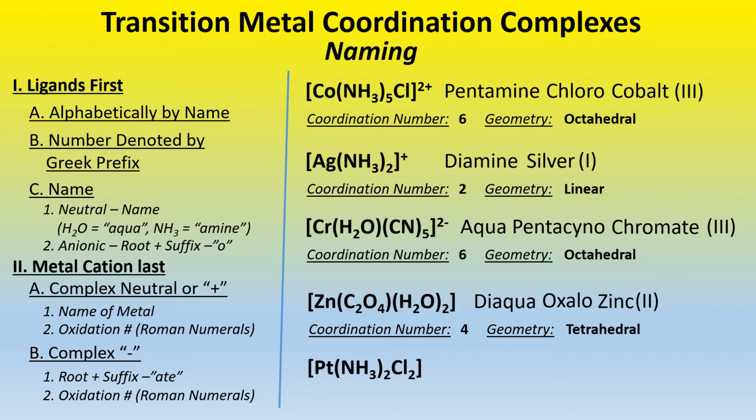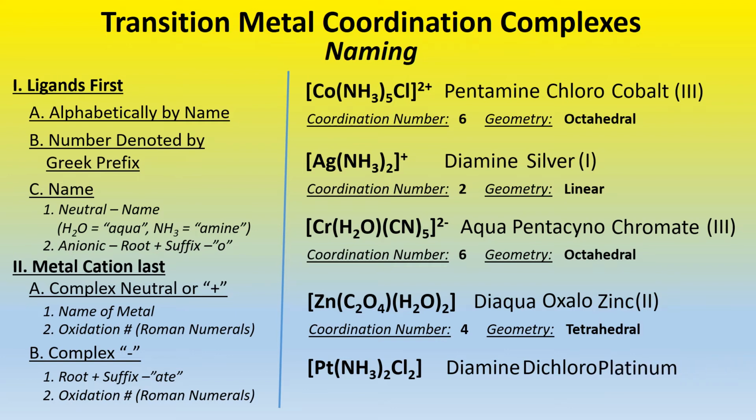A final naming example. Pt(NH3)2Cl2. Once again, alphabetically, ammonia comes before chlorine, and chlorine has a negative charge. So I have a diamine, dichloro for the negative.